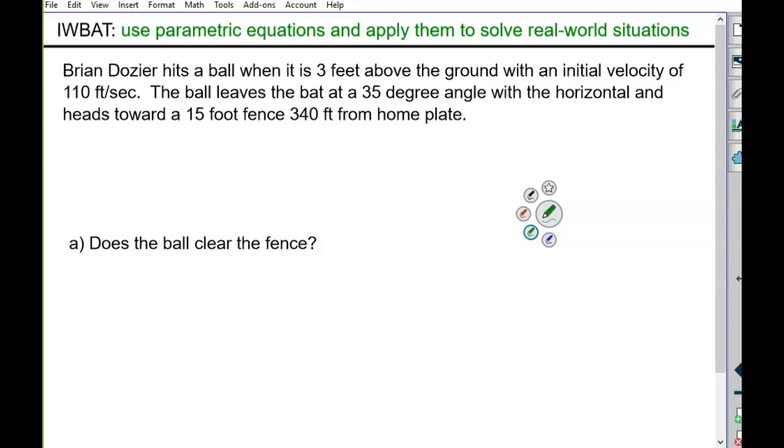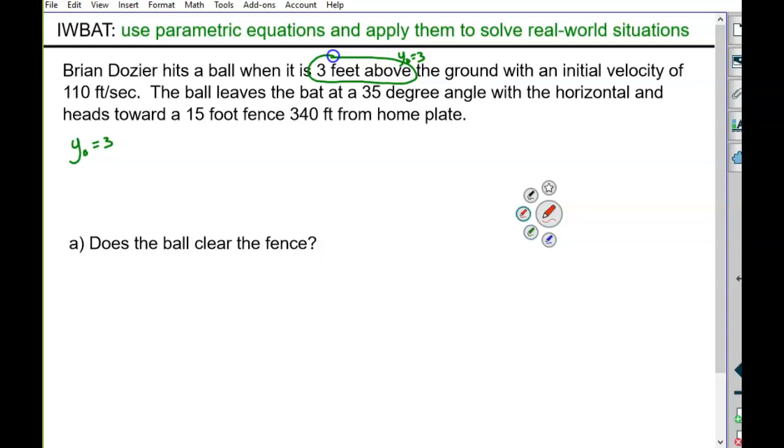Well, let's stop right there. 3 feet above the ground. Is that horizontal movement or is that vertical? Vertical, right? We're going up. So that's your y value. That's y of 0. And maybe you want to write this off to the side as just things that we know. The initial value is 3 feet off the ground.